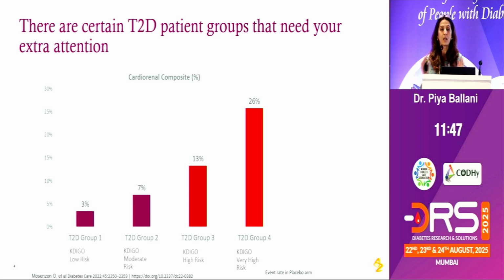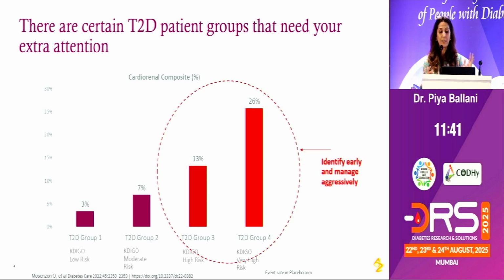All of these patients have the same, well-controlled diabetes. But if you look at the moderate, high, and very high risk groups, you know that patients with KDIGO high or very high risk are going to have a completely different trajectory in their cardio-renal outcomes over the next 5 to 10 years.